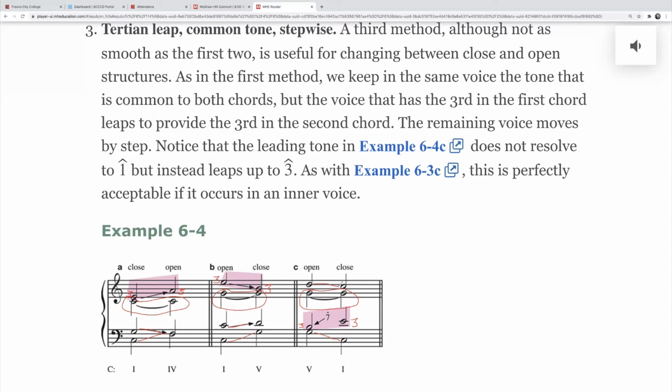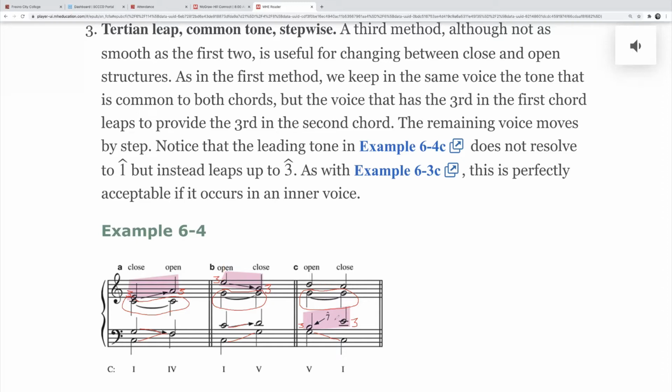On B, it's a sixth. Why do we call it a third again? What do you mean it's a sixth? Between the G and the E. Ask me what your question is one more time. You're right, the distance is a sixth, but that's not what I'm referring to.